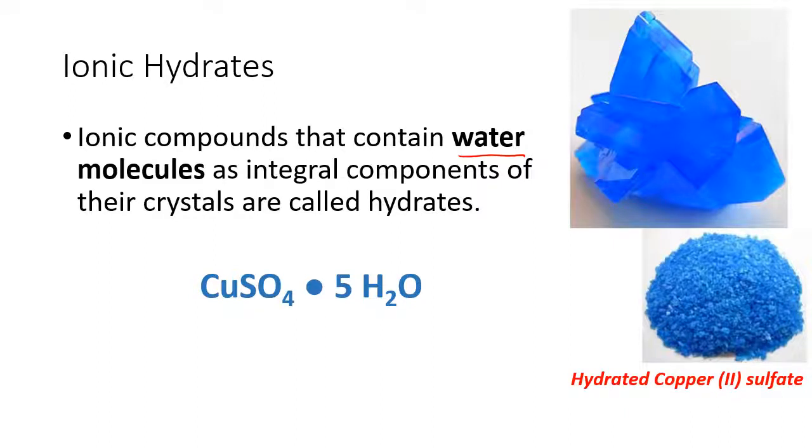In order to name an ionic hydrate, we name the ionic salt following the rules that we just learned. There's a dot that goes in the middle, and then we have to use Greek prefixes to indicate the number of water molecules that are in the structure. We'll also use the Greek prefixes later when we name molecules.